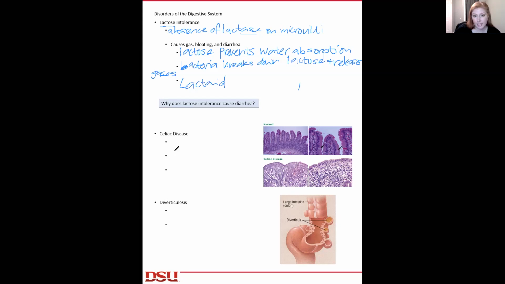Okay, then we have celiac disease. Celiac disease is lumped in here because it affects the digestive system, but this is actually an autoimmune disorder. And so as part of this disorder, the immune system reacts to gluten, which, as you know anymore, gluten is found in like everything.